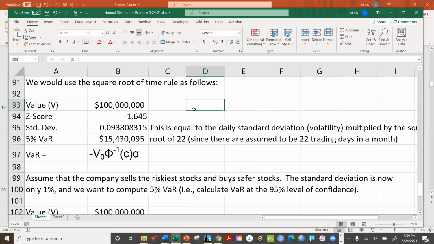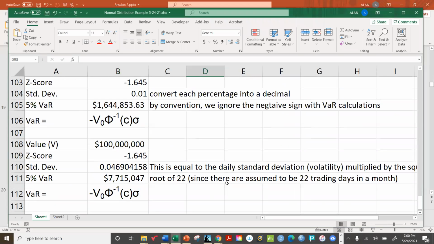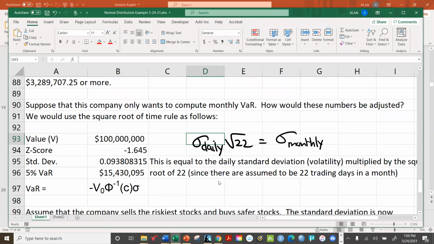So when we use the square root of time rule, what we're going to do is take the daily vol, multiply it by square root of 22, and it becomes monthly vol. And if we want to do this on an annual basis, what we often do is assume 252 trading days in a year.